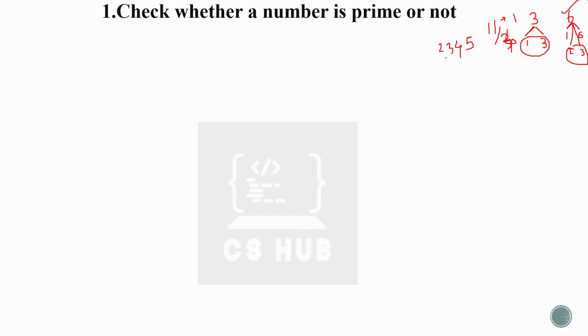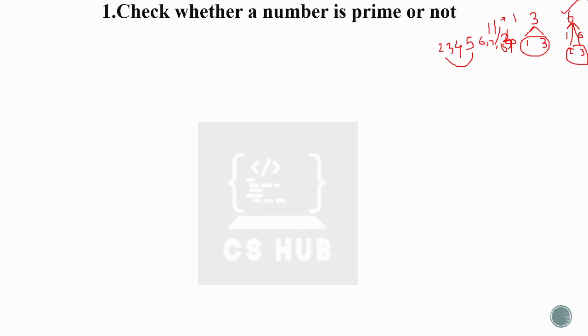If none of these numbers are factors of 11, then surely the next half, 6, 7, 8, 9, 10, won't be factors of 11. So we just need to check half of the numbers.